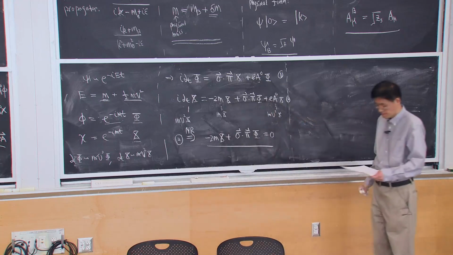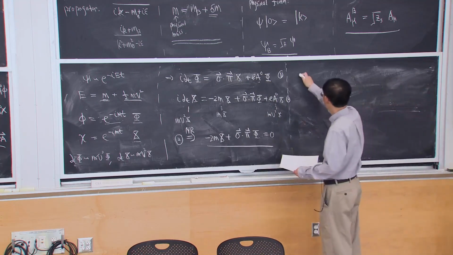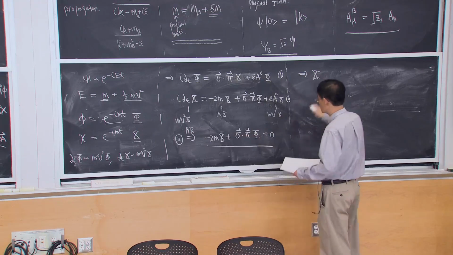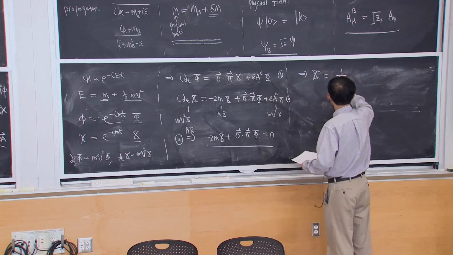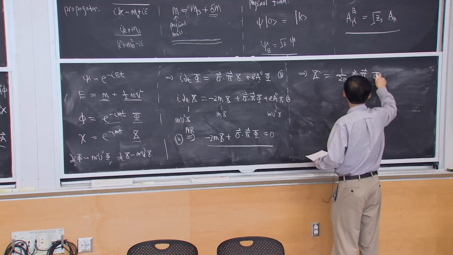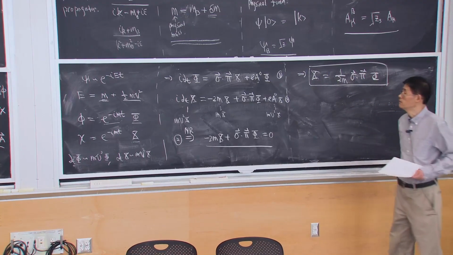So we can now solve x in terms of phi: x equals 1 over 2m sigma dot pi phi.